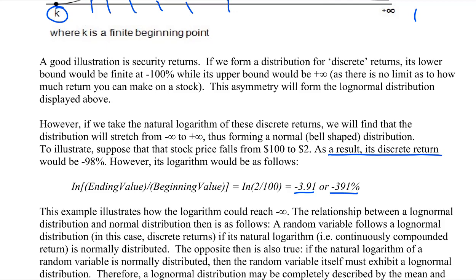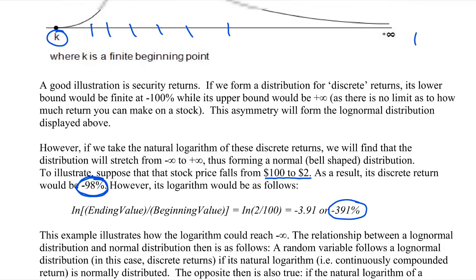Let's keep it simple. We have a stock that went from $100 to $2. If you use discrete compounding, that's a loss of minus 98%. If you use continuous compounding, that's a loss of minus 391%.